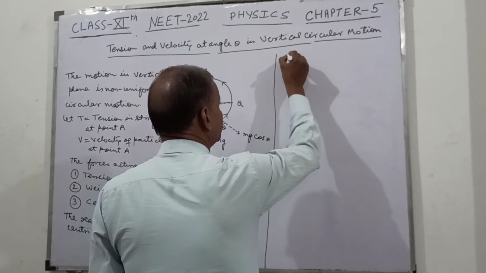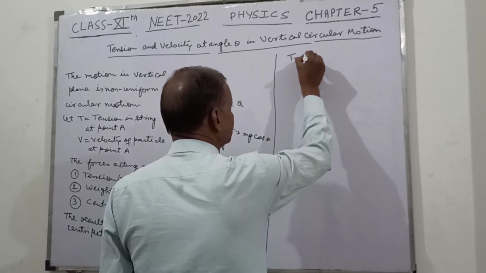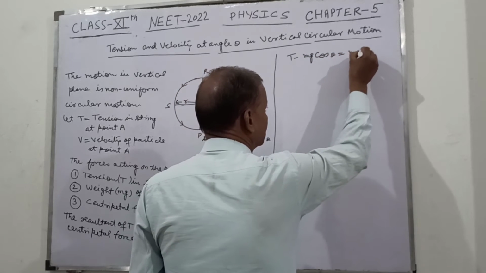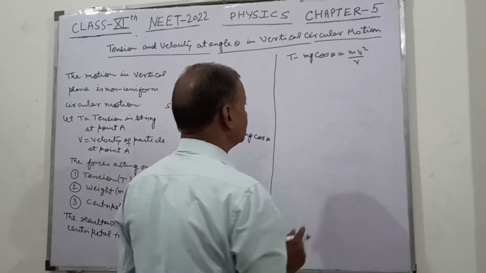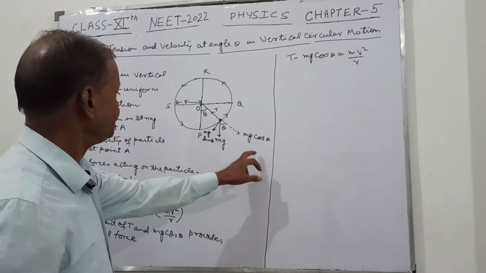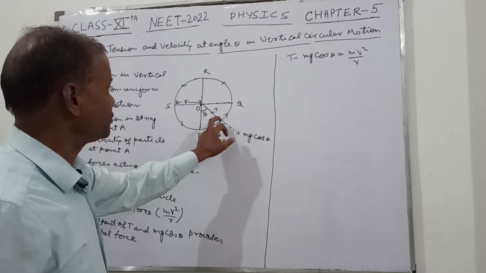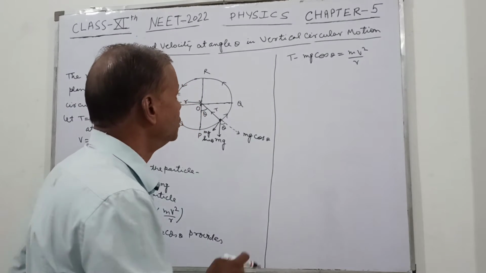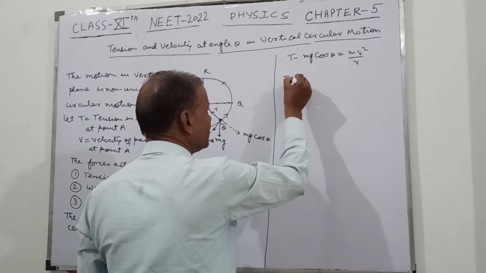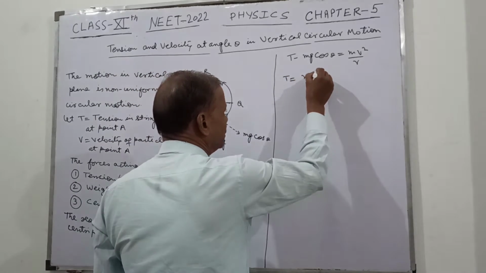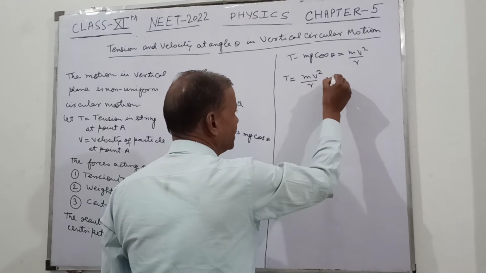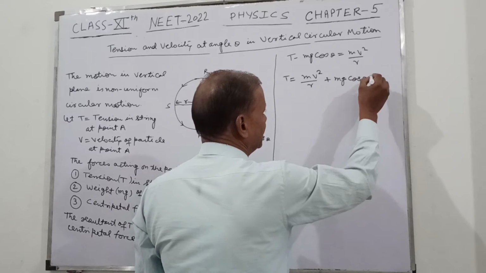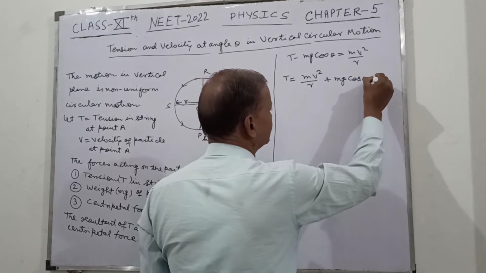So T minus mg cos theta equals mv square upon r. This is the resultant of these two providing the centripetal force mv square upon r. Or we have T equal to mv square upon r plus mg cos theta. Let this be equation number 1.